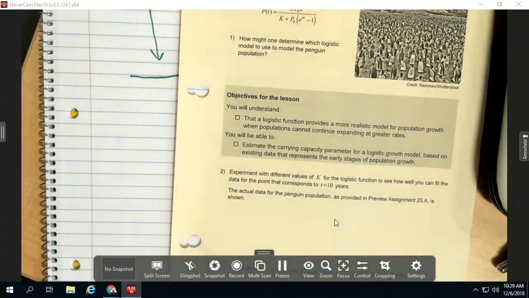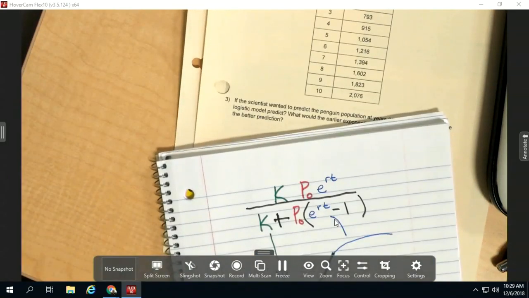So, how are we going to determine that function? Experiment with different values of k for the logistic function to see how you can fit the data that corresponds to the point t equals 10 years. So here we go. Next page. We're given this table.